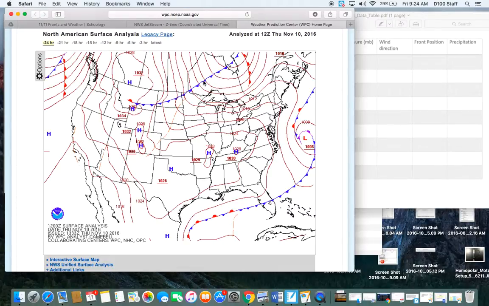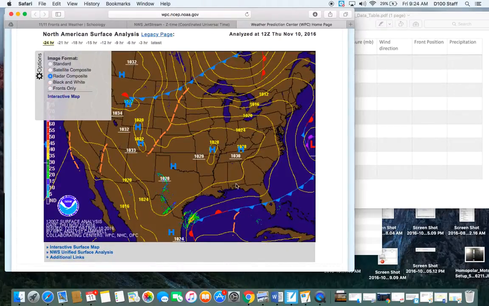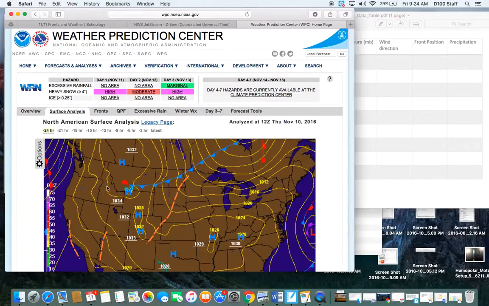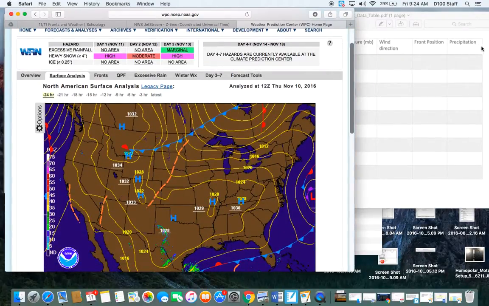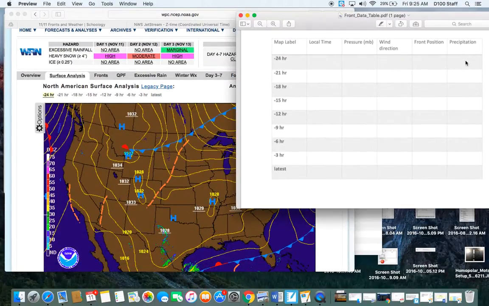That's where the front is. And to check and see if we have any precipitation at the moment of this time clock, we can go to our radar composite, and any green or blue areas will be precipitation. And you can see at this time, at our negative 24-hour time, we have no precipitation. So you can either write in this column clear or no.